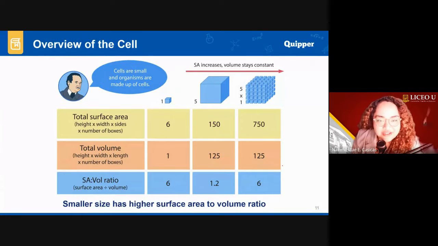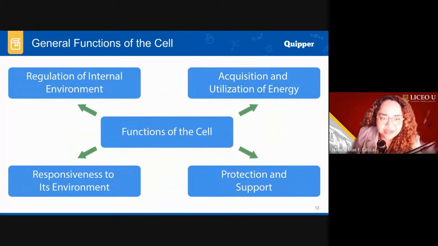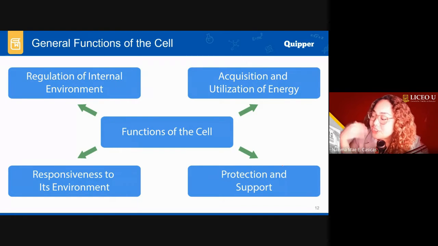That is genius. Okay. So the cells are able to do the following things. Your cells are able to regulate the internal environment. We talked about this already in characteristics, so I will not expound on that. The cells are able to acquire and also utilize energy. Acquisition is getting it from the food that we eat, but in the case of plants, through photosynthesis, and we're able to utilize that glucose by converting it to ATP, an energy source that our cells are able to recognize.